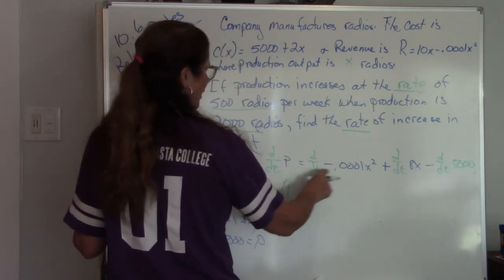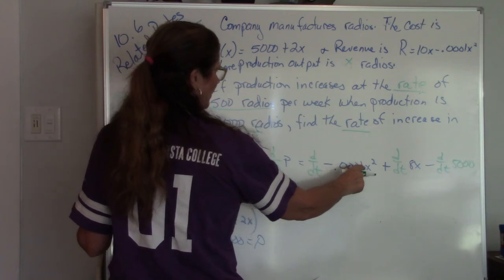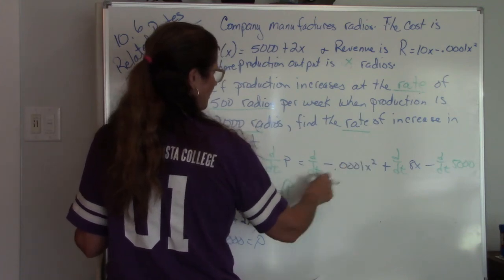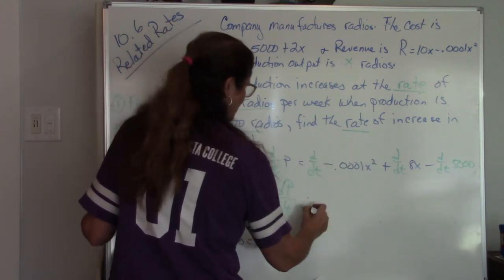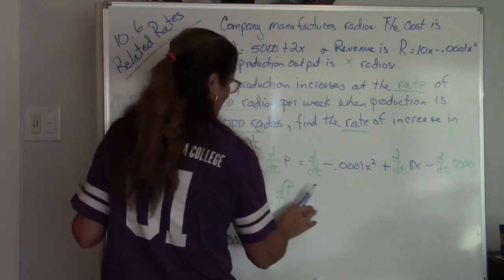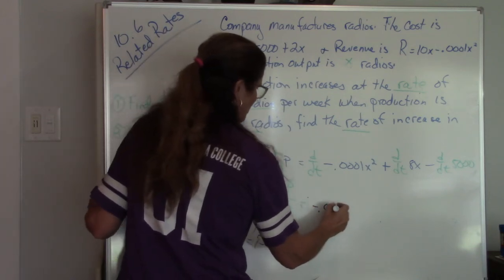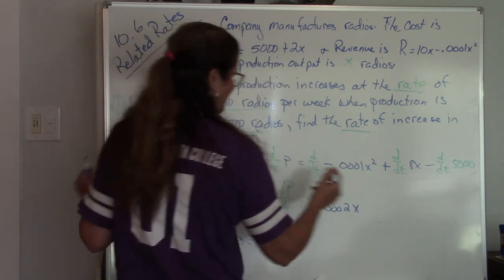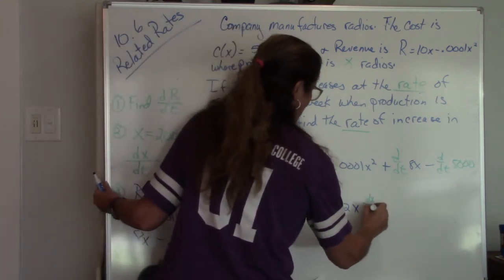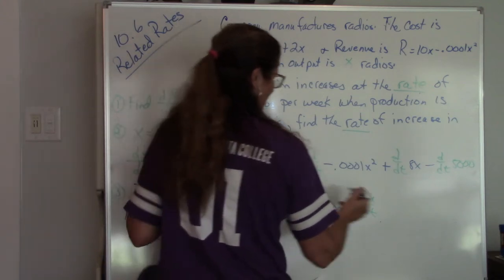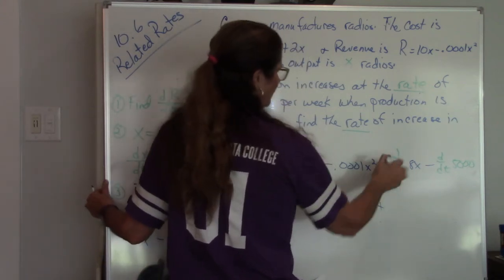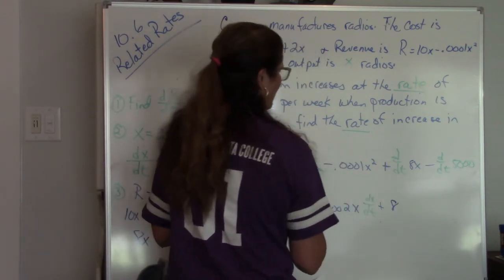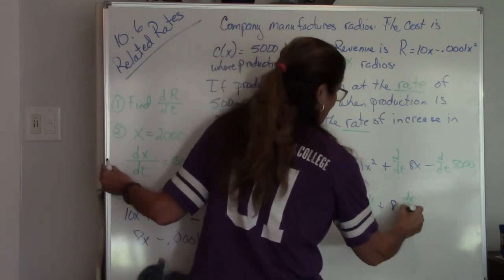The derivative of 0.0001x squared in terms of time. So we find the derivative of this is a negative 0.0002x, and then dx/dt, plus derivative of 8x is 8, and then dx/dt.